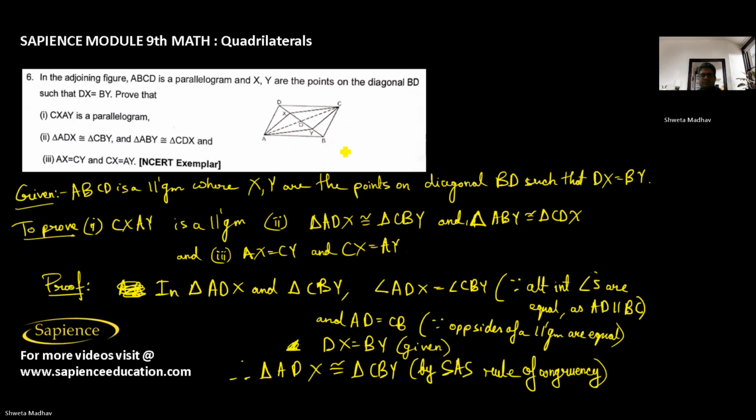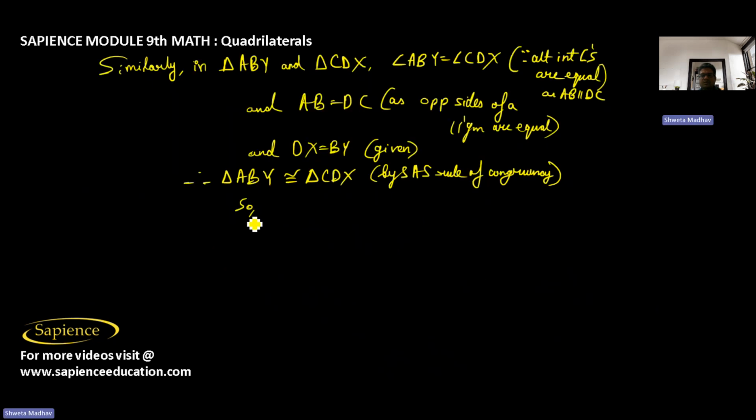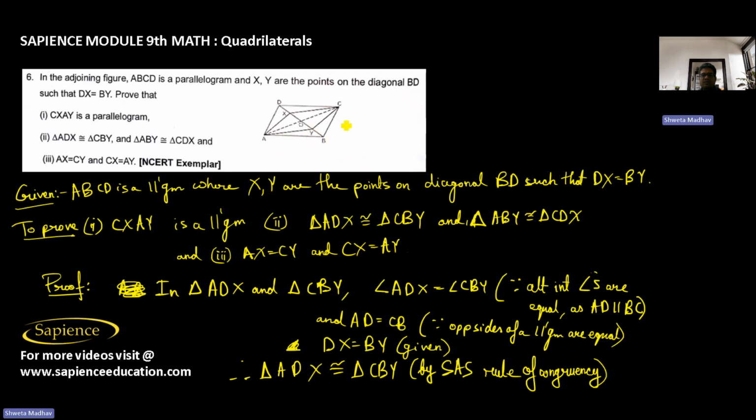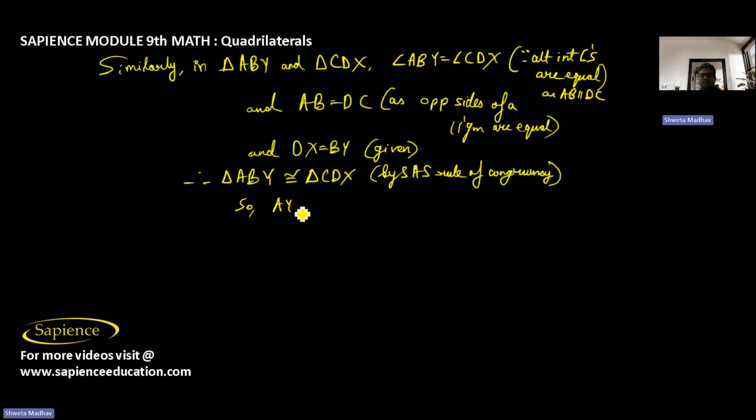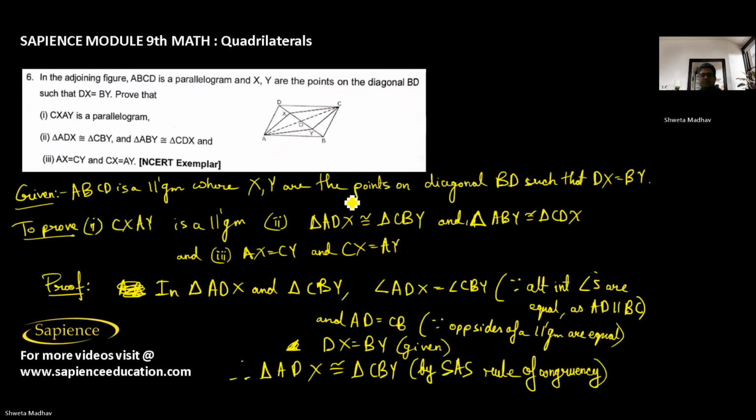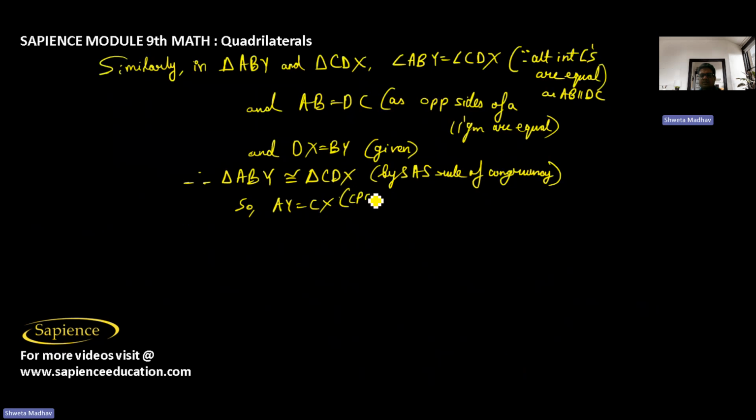So therefore, we can see that AY equals CX by CPCT.